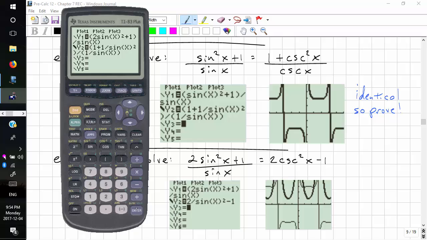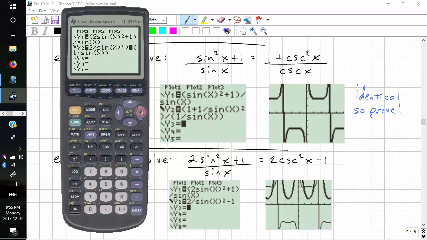Let's look at the second equation. We have 2 secant squared x minus 1. So let's delete a few characters here. Delete that, delete that, delete that, delete that. Now we can replace, actually we need insert because I deleted too much. Second insert, we want 2 divided by sine squared x, because this is 2 times 1 over sine squared x.